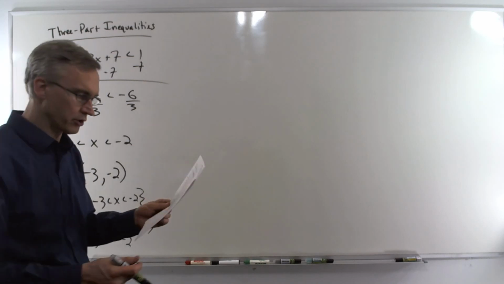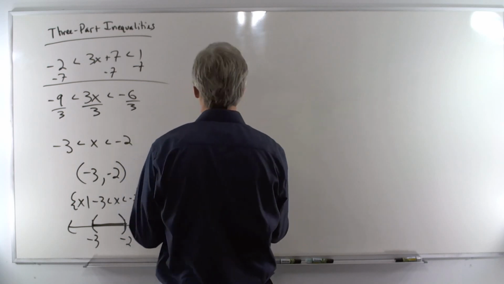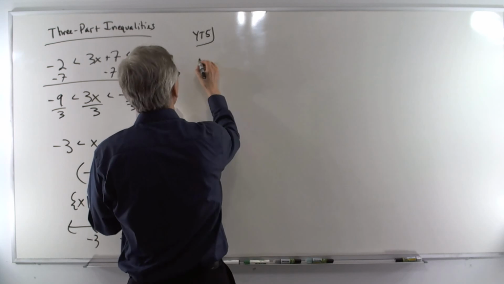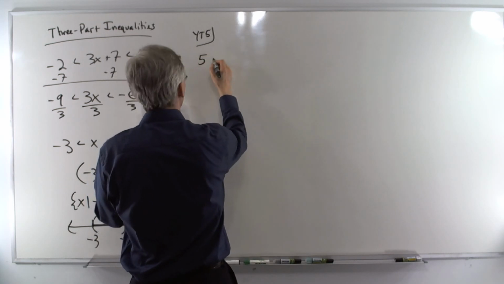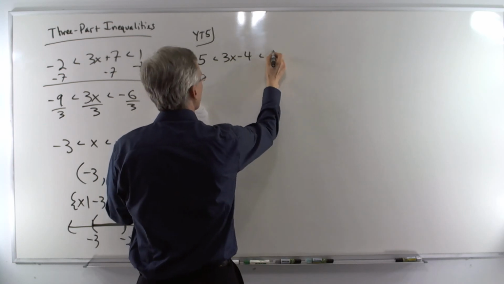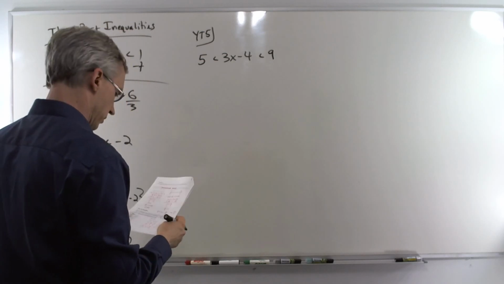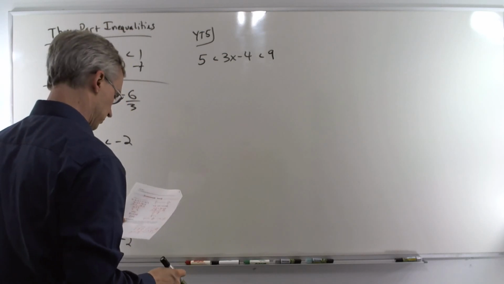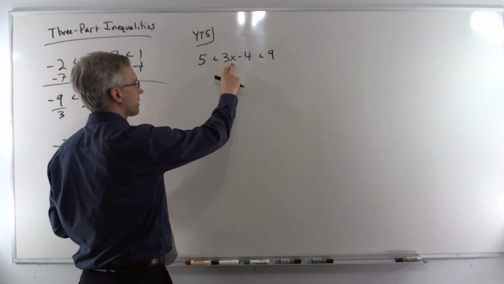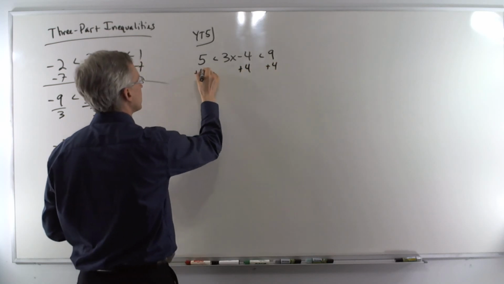That brings us to your turn, number 5. To get x by itself, we're going to have to get rid of that 4, so add 4 to all 3 sides.